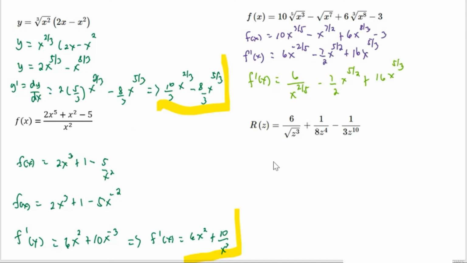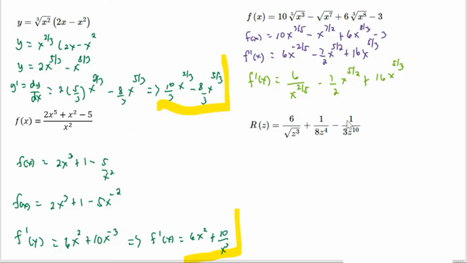Now on the last example, we have r of z is equal to 6 over the square root of z cubed plus 1 over 8 z raised to 4 minus 1 over 3 z to the power of 10. So first thing, I will rewrite that one in terms of fractional exponent. At the same time, I'm going to write that one in the numerator.